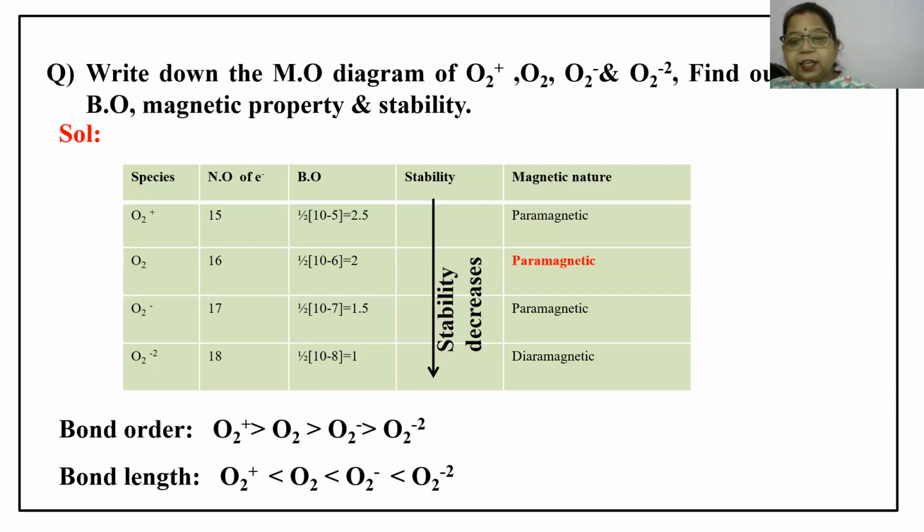When you write the electronic configuration, you will come to know which is paramagnetic and which is diamagnetic. Then bond orders can be calculated on the same basis. You will get the answer as 2.5, 2, 1.5 and 1. Bond order, bond length, everything can be based on these bond orders.